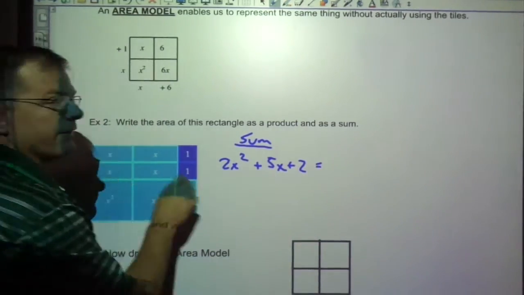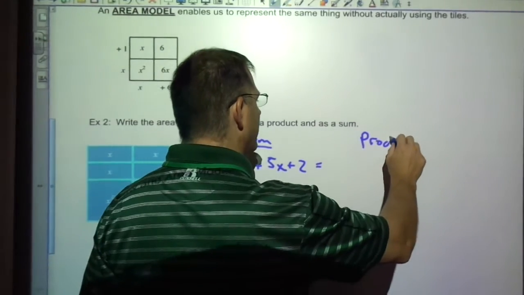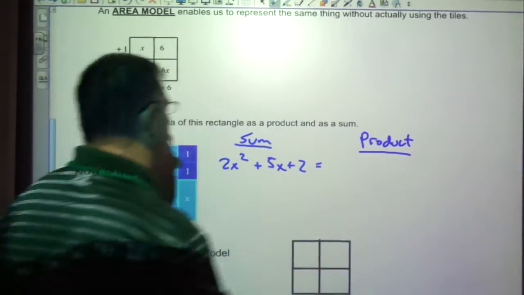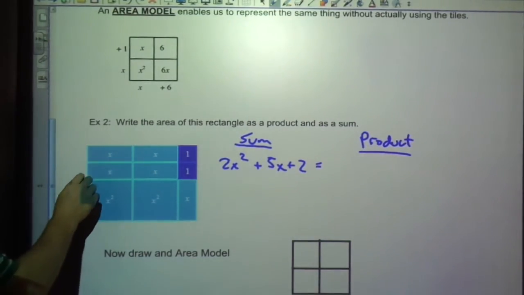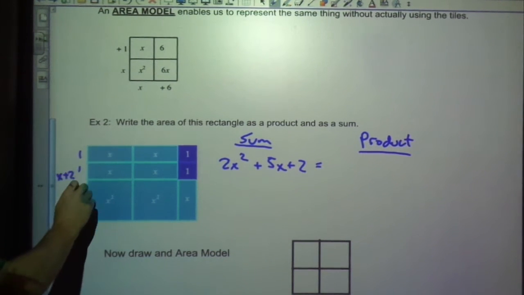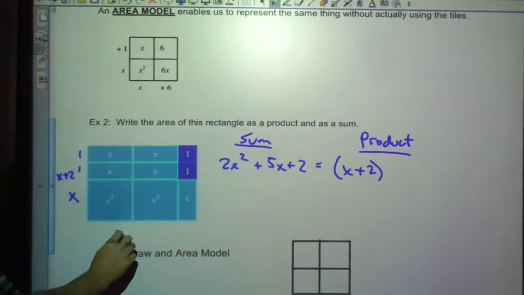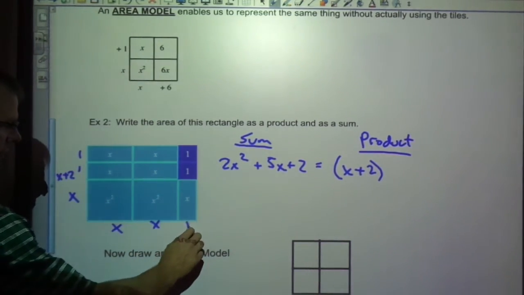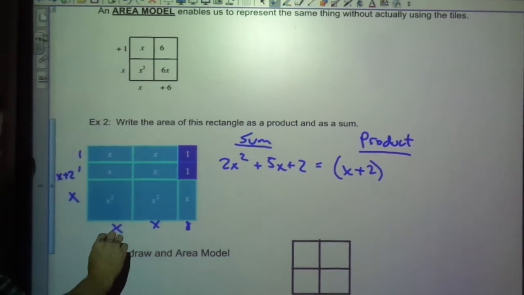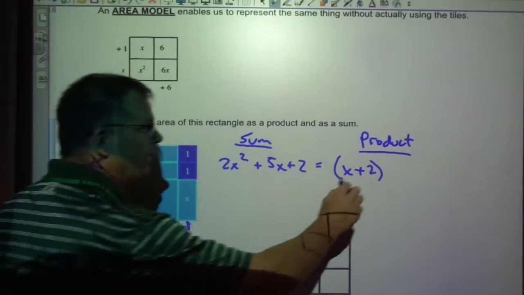So that's the area if I write it as a sum of the parts on the inside. As a product, I'm looking at length times width. This is x, this is 1 and 1, so the total is x plus 2. And over here, we've got x and 1. So this is a total here of 2 x's plus a 1.